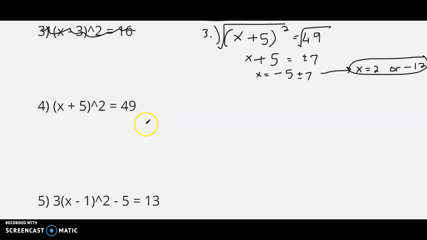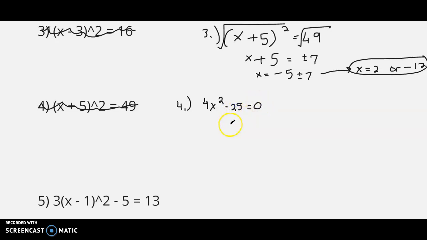Alright, looking at number 4. I think things are a little bit out of whack here. Okay, I think I had the wrong ones copied down. Okay, so let's do another number 4 here. Here's what I was supposed to write down. 4x squared minus 25 equals 0.